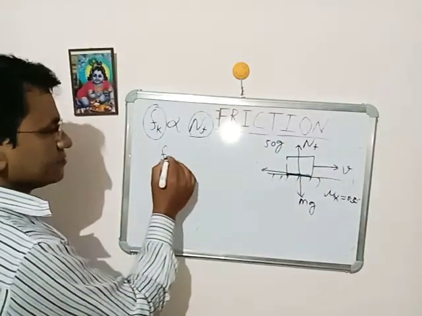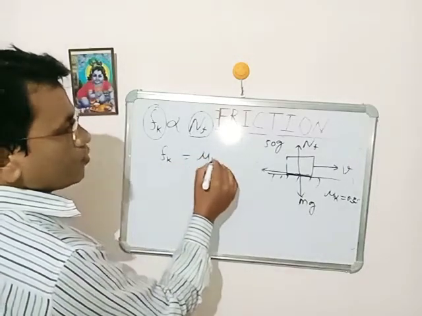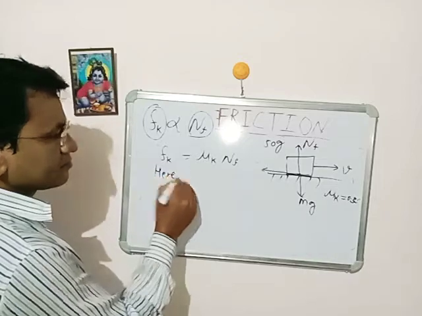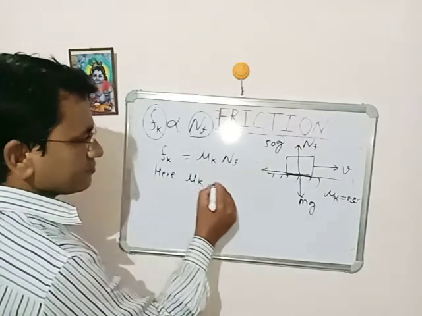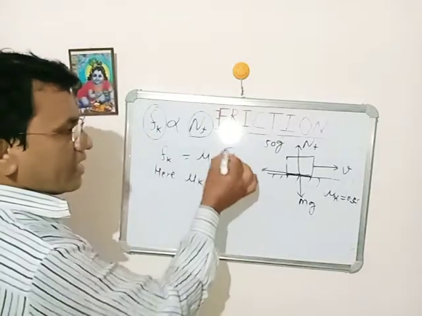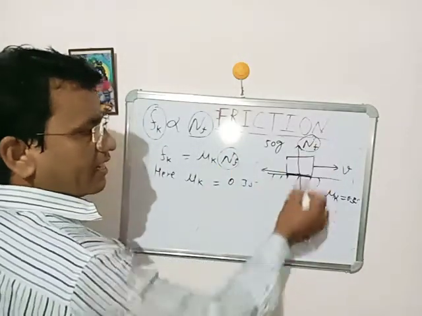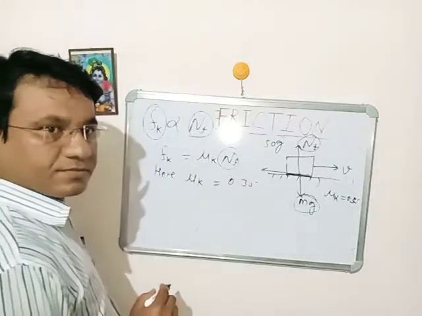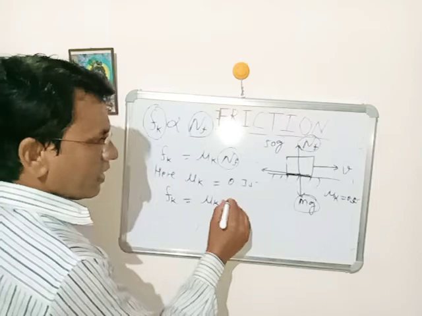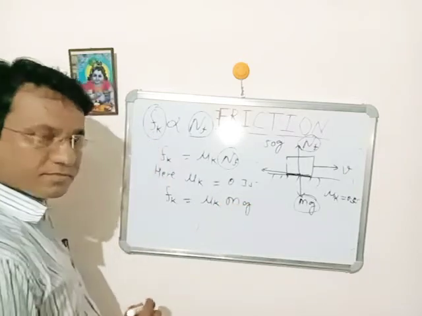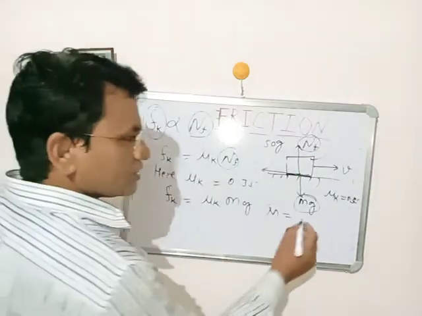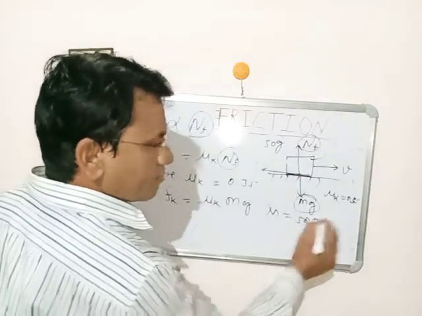Fk is equal to mu k N F, where mu k is equal to 0.35, and at the equilibrium position N F is mg. So Fk is equal to mu k mg, where capital M is the mass of the block, which is 50 gram.